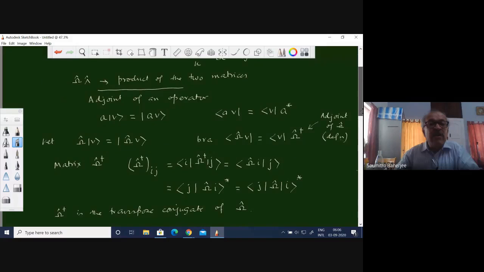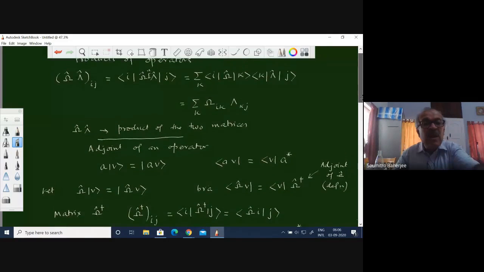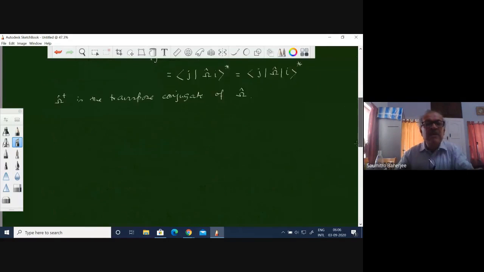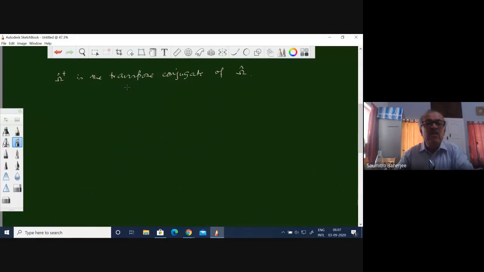Since we have already done the product of matrices, it might be good to quickly see what will happen to the product of adjoints.